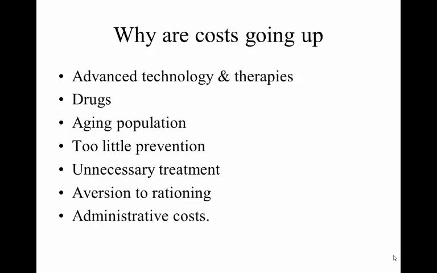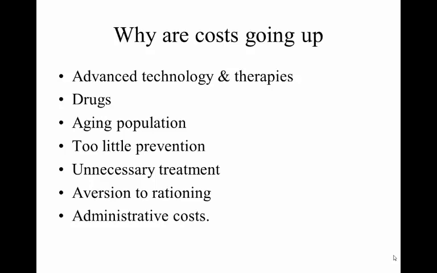The final reason why healthcare prices have been going up is ballooning administrative costs. A 2003 report by the Harvard Medical School and the Canadian Institute for Health Information found that 31 cents on every dollar in the US went to administrative costs, which is double what they spend in Canada.